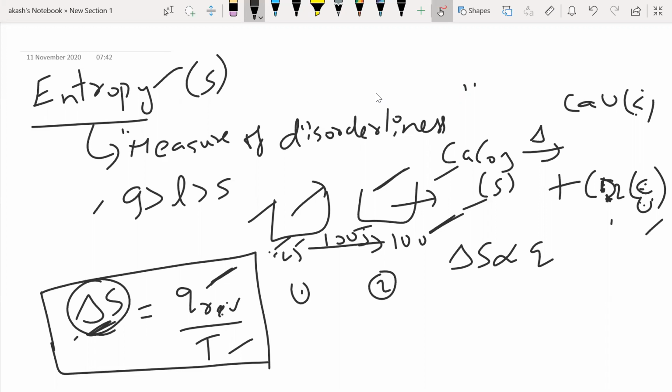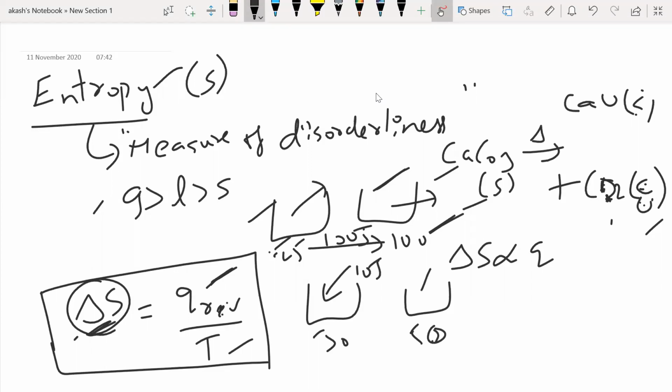But if I want to talk about change in entropy, you can understand if I give you a case. I have a gas at, say, 30 degrees Celsius and I have a gas at 50 degrees Celsius.